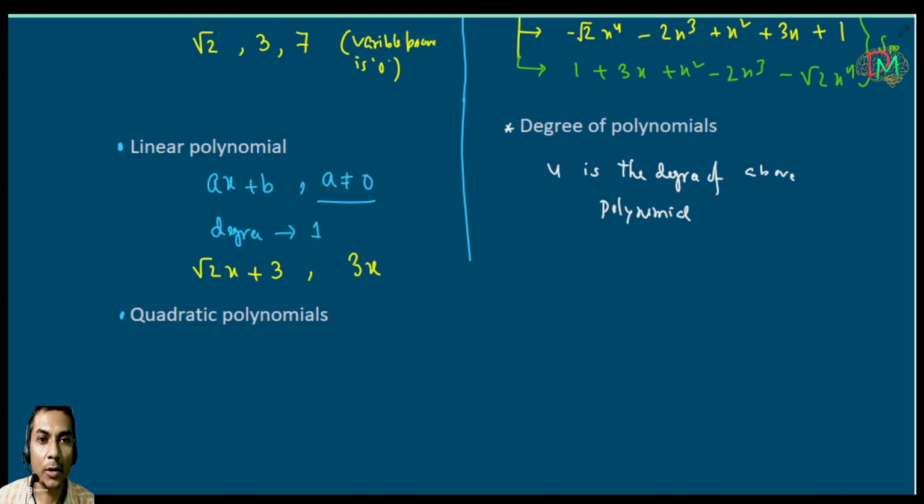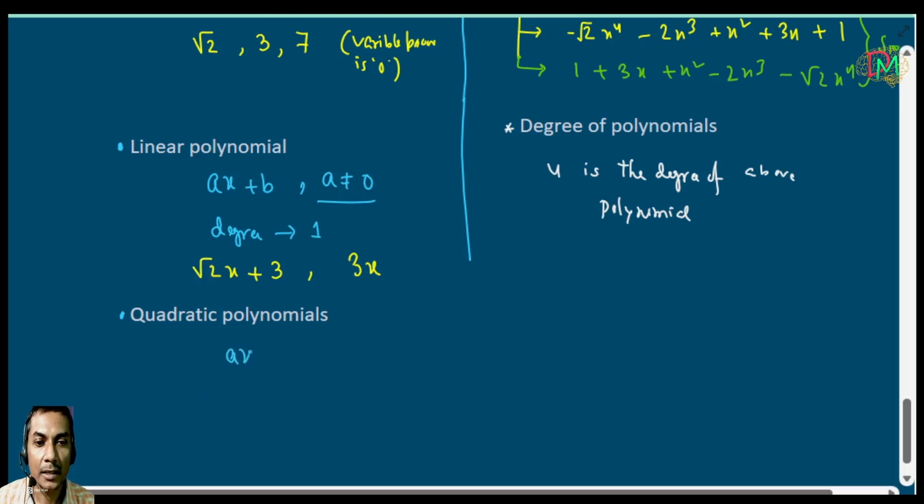Then the quadratic polynomial. Before that we should know the general expression of the quadratic polynomial, that is ax square plus bx plus c, where a cannot be equal to 0, b can be 0. For example, 5x square minus 3x plus 2, this is quadratic.